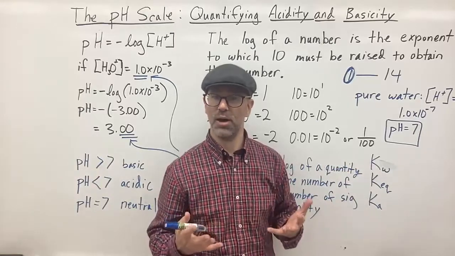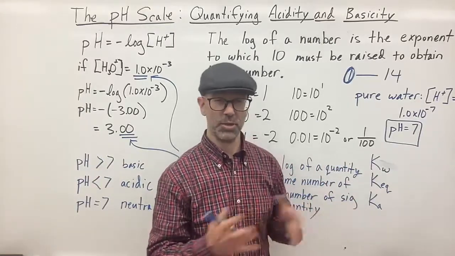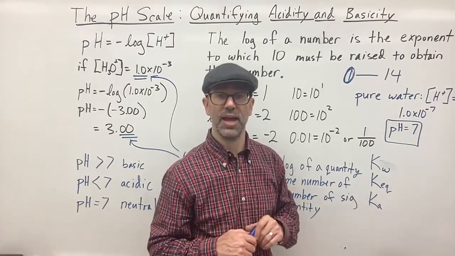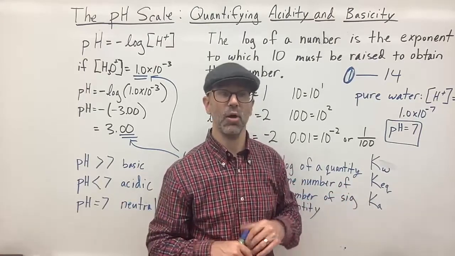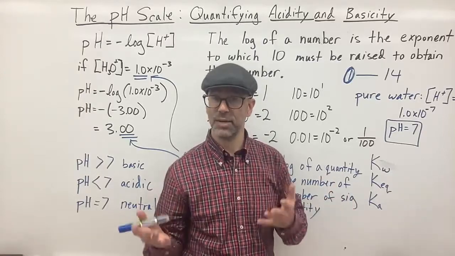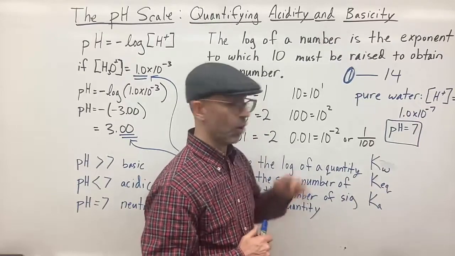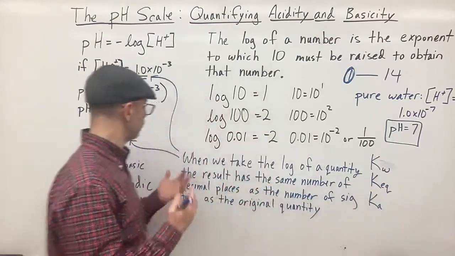So you want to think about, what is auto-ionization of water? Is it exothermic or endothermic? Once you understand that, you can think about what's going to happen if you raise the temperature. Which way is it going to go? So think about that, and I hope this was interesting and helpful.